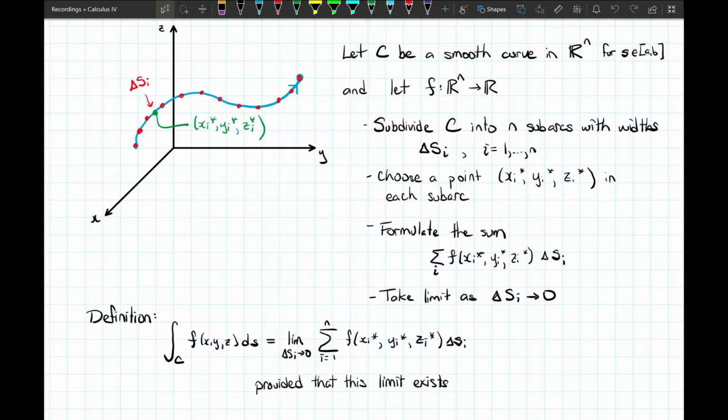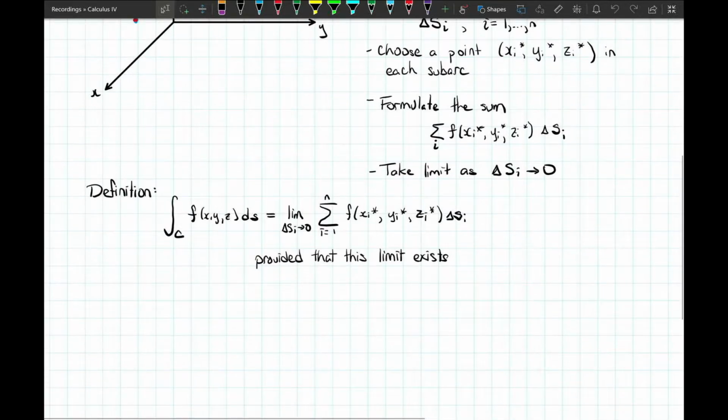The line integral of the function f(x, y, z) ds over the curve C is this limit as the sub-arc widths go to 0 of the sum of f at each little test point times delta s_i, provided that this limit exists. And this is what it looks like in 3 dimensions, x, y, and z.